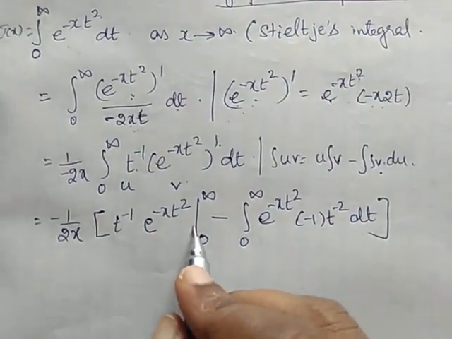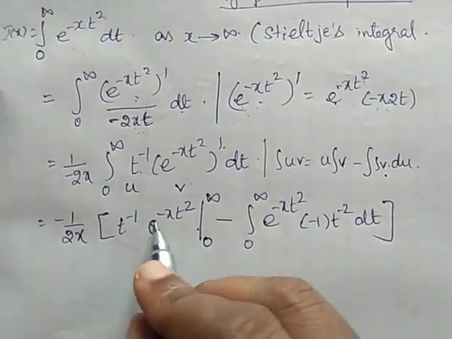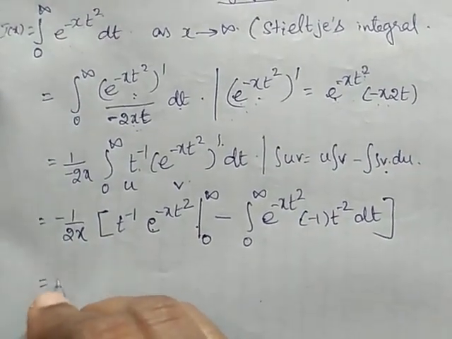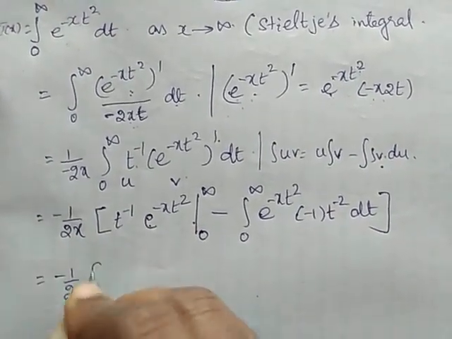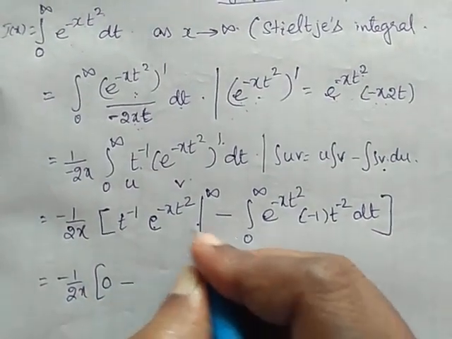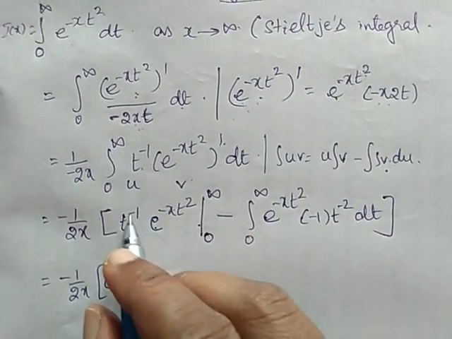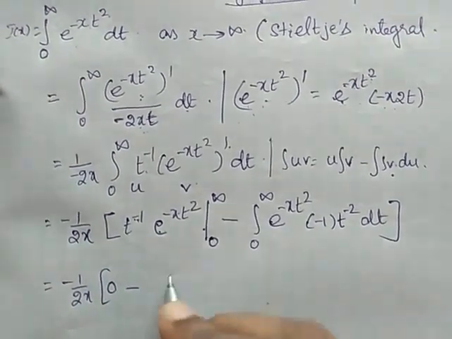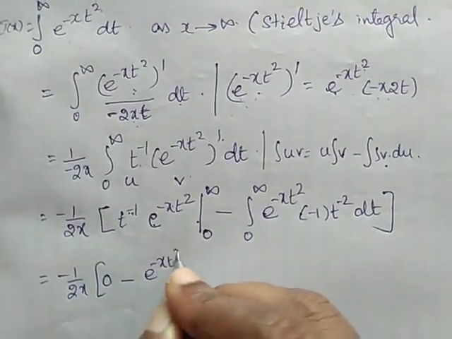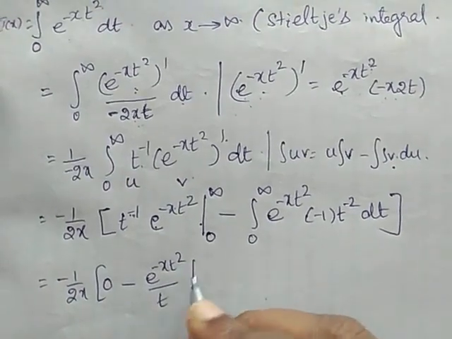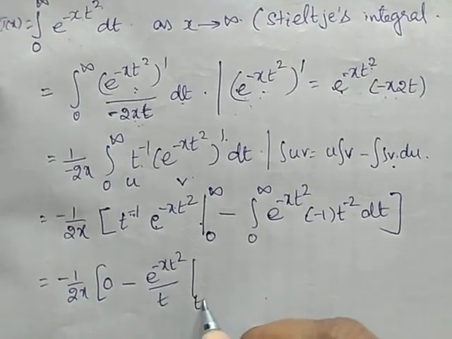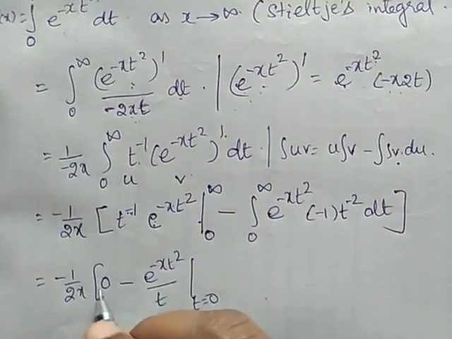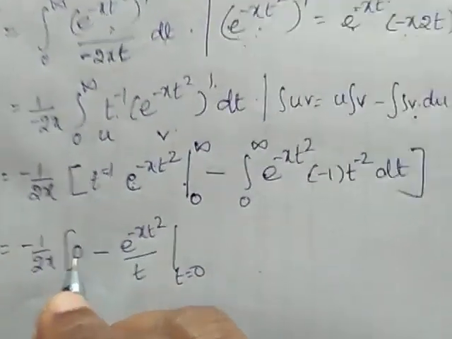Now we are going to substitute the limits here. e power minus infinity is 0, so the upper limit is 0, minus e power 0 which is 1, divided by 0. This is nothing but e power minus t square by t at t equal to 0. When t is infinity, e power minus infinity is 0; that is our upper limit.